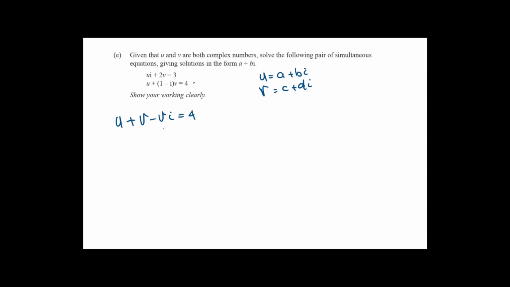So there's an i in the top one. I'm going to multiply everything by i. We can do anything as long as we do it to both sides.